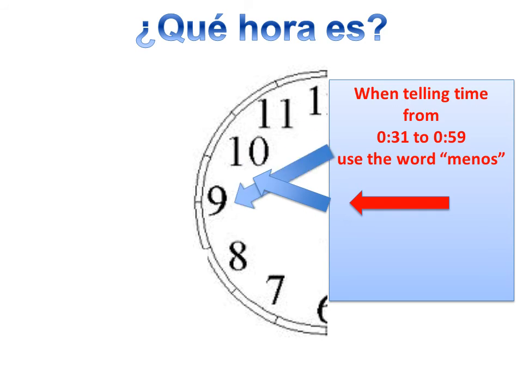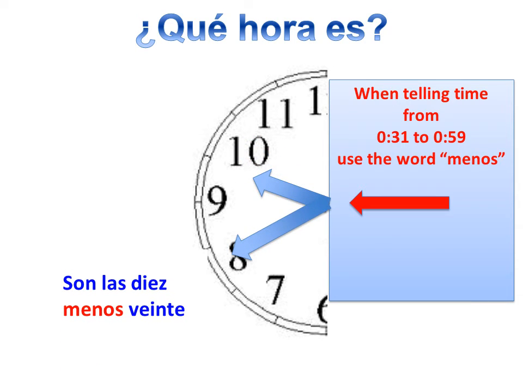All right, next one we have is son las 10 menos 20. So it's 10 o'clock minus 20, or 20 till 10. Okay, so what happens is we take this time, which is 9:40, round up to 10, okay, and then subtract 20.